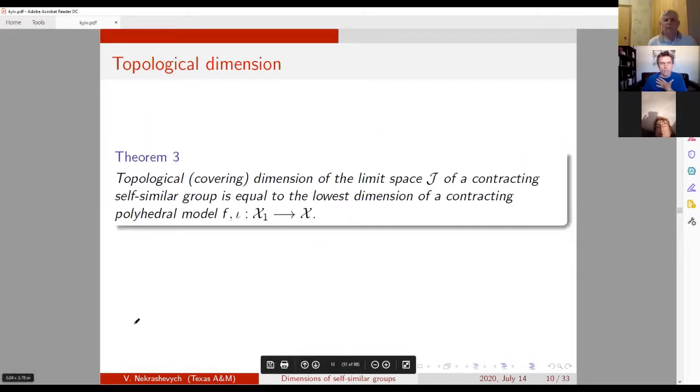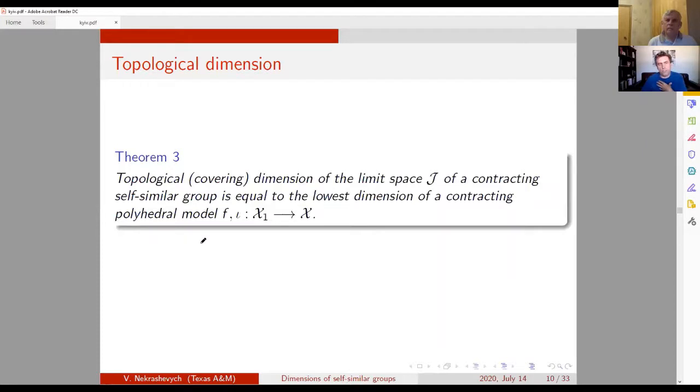Okay, so the first notion of dimension is that topological dimension is related to the topological dimension of the limit space. So the fact is that the covering dimension, the usual Hausdorff topological dimension of the limit space, is equal to the lowest possible dimension of a contracting polyhedral model of this group.